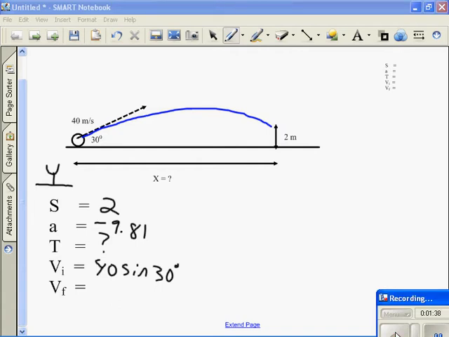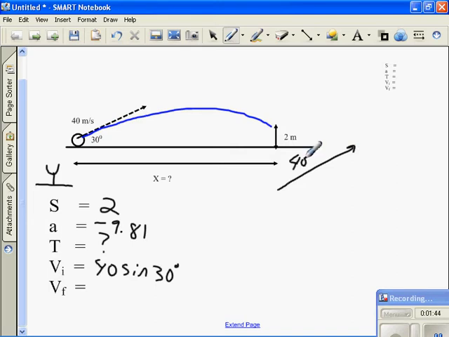Okay, question is how did I come up with 40 sine of 30? I said that this is launching at 40 at a 30-degree angle. The vertical component of that is going to be the opposite leg on our triangle, and the length of this red arrow here is going to be 40 times the sine of 30 degrees. Let me derive that.